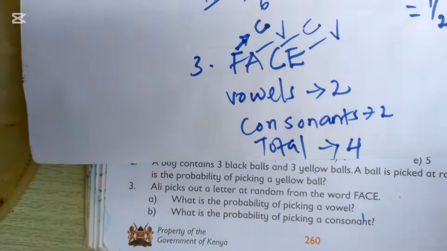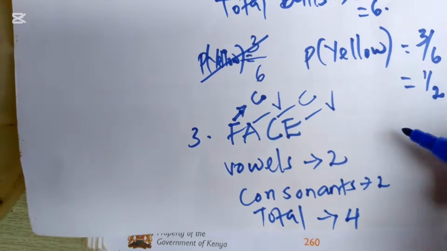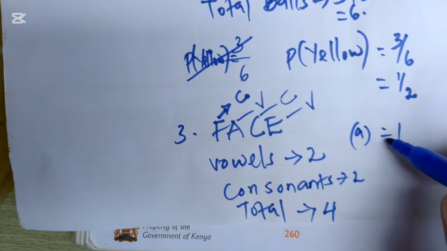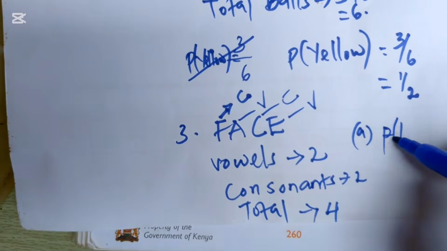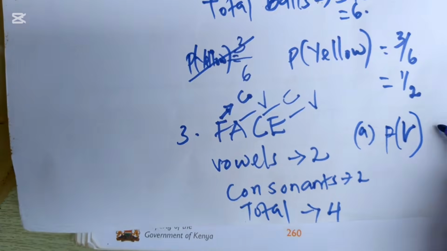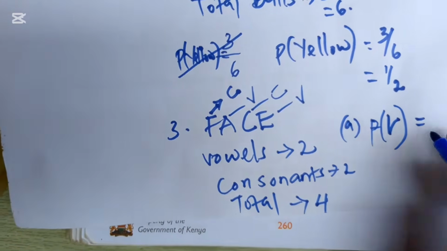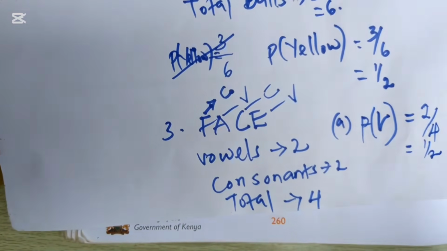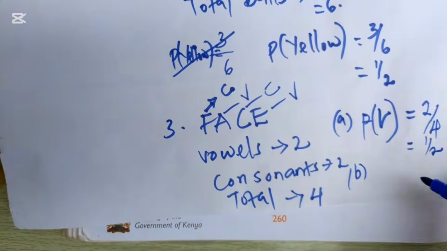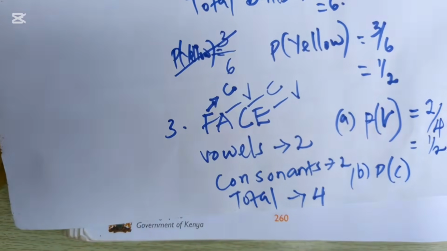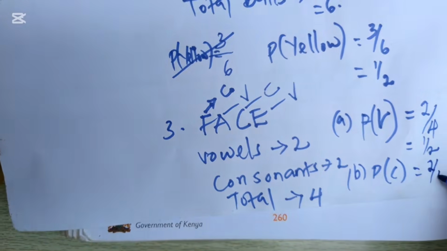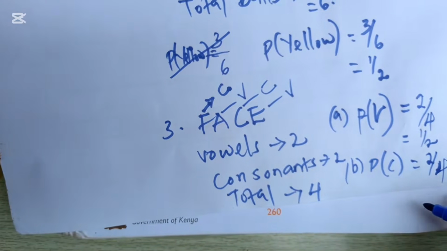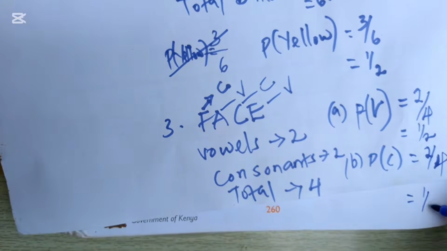So the probability of picking a vowel will be equal to 2 out of 4, which is equal to 1 out of 2. And then part B, the probability of picking a consonant will be equal to 2 consonants out of a total of 4, which is equal to 1 out of 2.